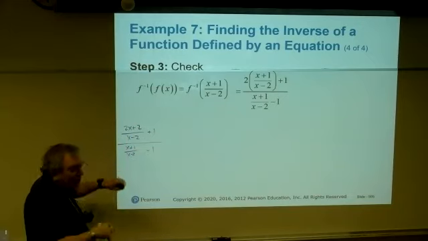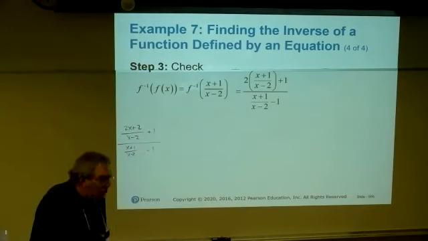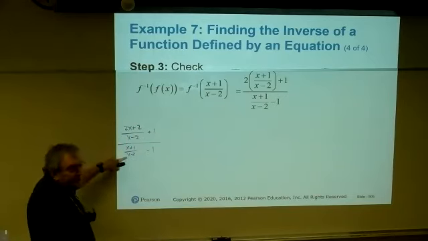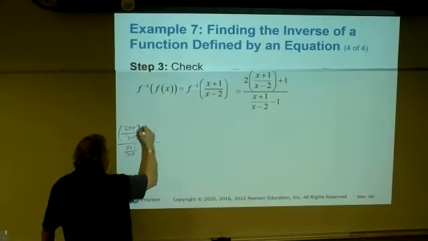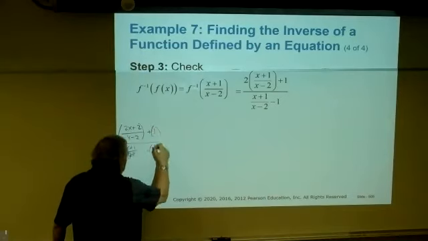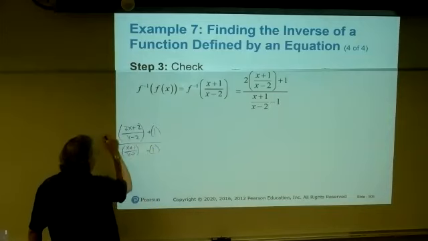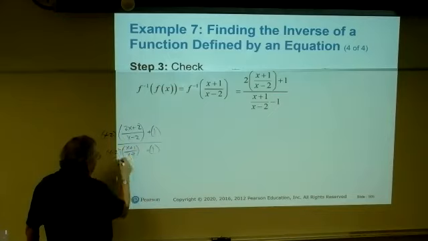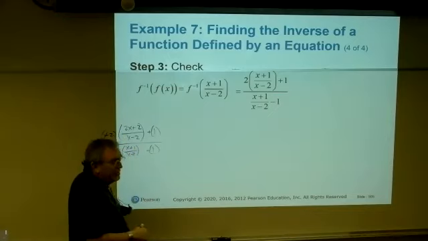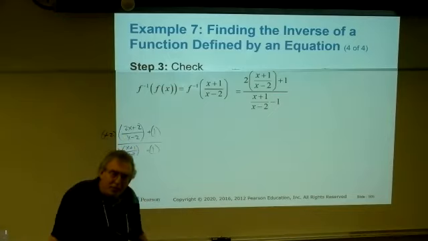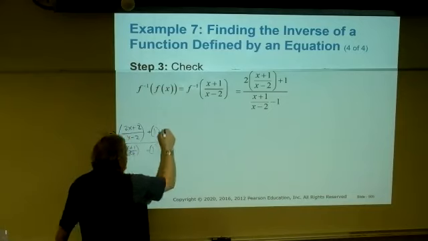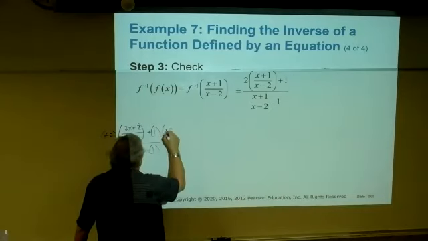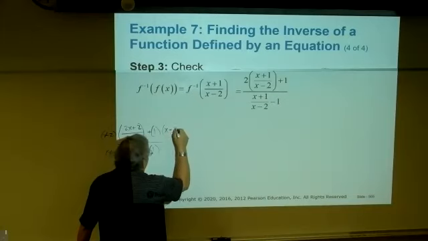Now I'm going to multiply everything by the common denominator. I'm going to multiply each term by x minus 2. That's like multiplying numerator and denominator by x minus 2. I'm multiplying by 1. But this is doing the distributive property while I'm doing it.